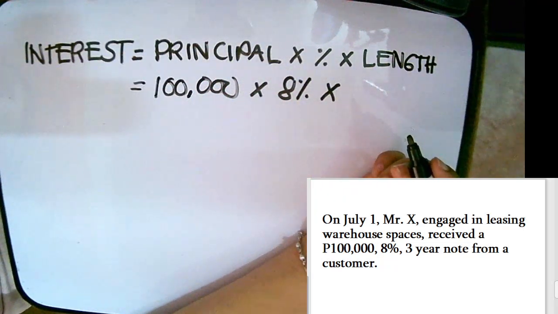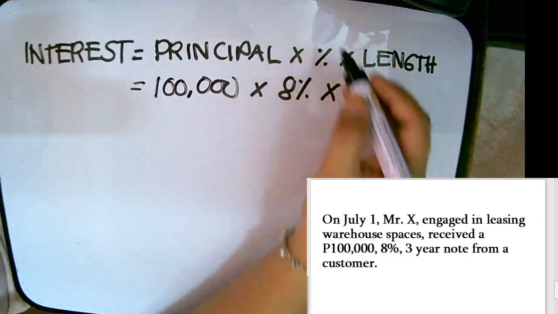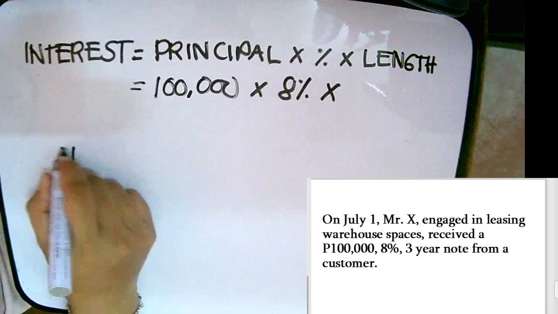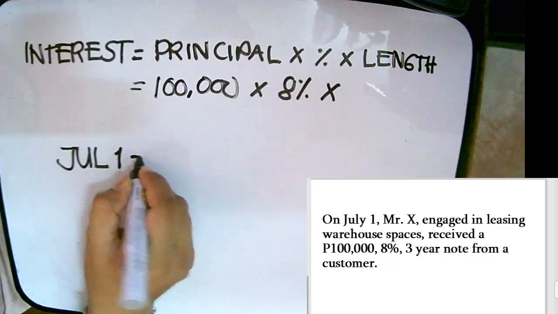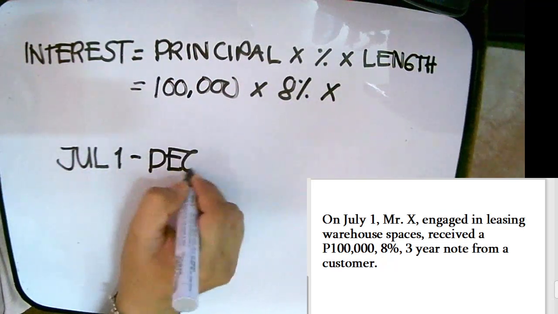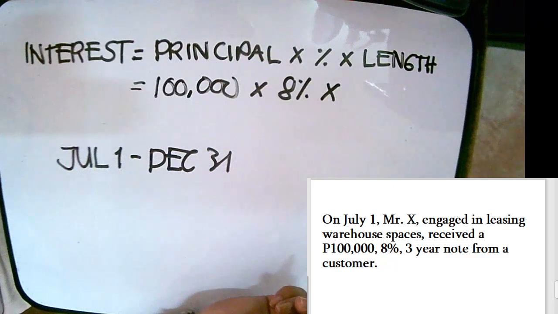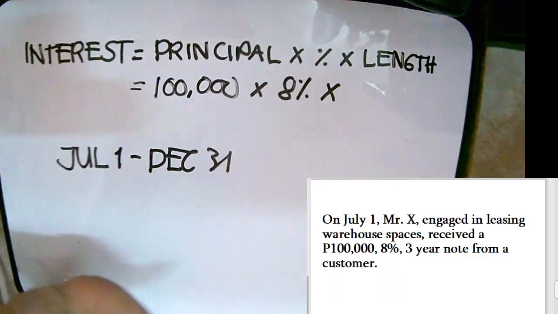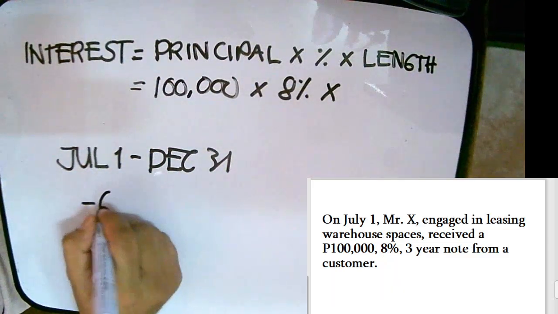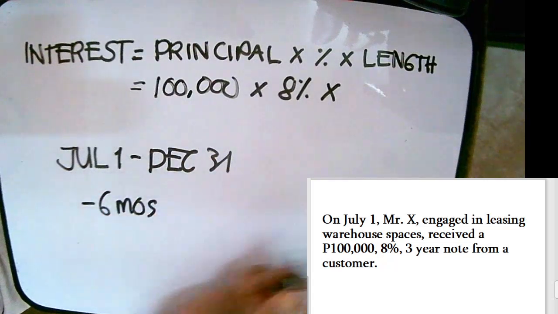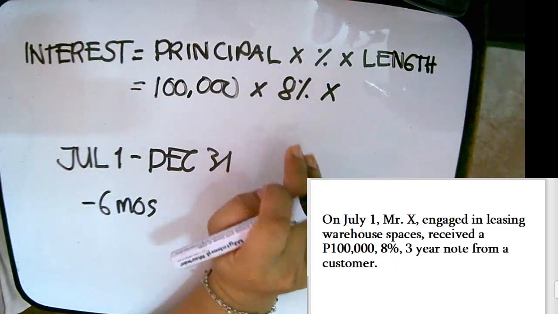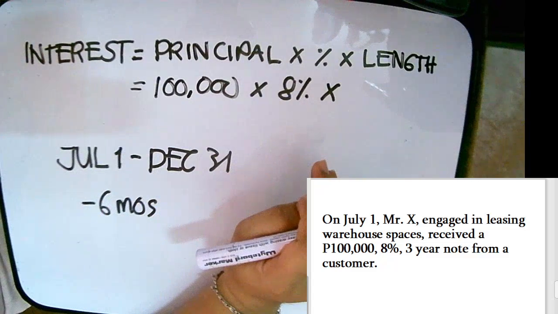So, since July 1, nag-start up to December 31. Again, take note, it is from July 1 to December 31. So, ilang months meron tayo? From July to December 31, we have 6 months. So, again, yung binigay na 8% sa atin, that is good for 1 year.